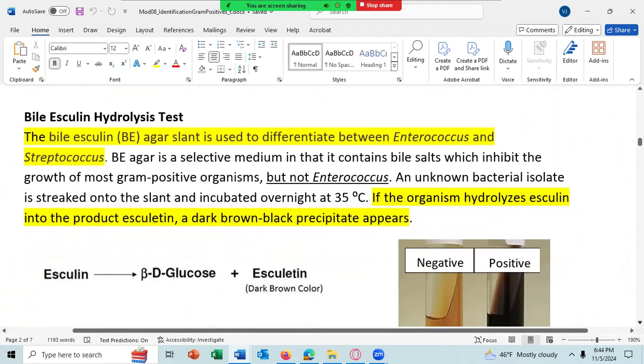The bile esculin hydrolysis test is looking for the hydrolysis of esculin. This test is used to differentiate Enterococcus from Streptococcus. These are two different genera. If the organism hydrolyzes esculin into the product esculetin, a dark brown-black precipitate will appear.